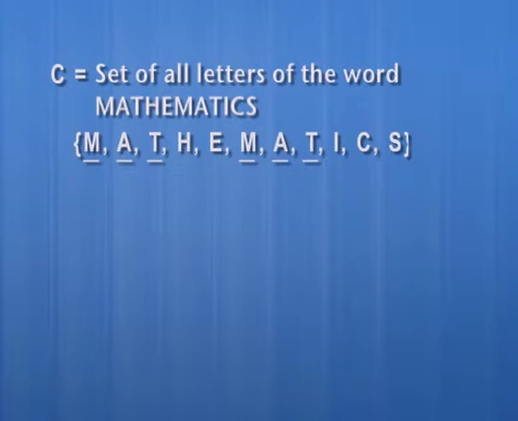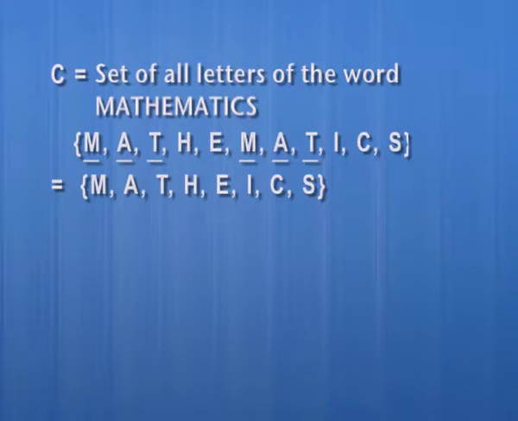But while listing the elements, we will not repeat unnecessarily. Why to use an element 2 times? We will write only once. So, M will be written only once, A also and T also. The total elements in this set will be 8 only.